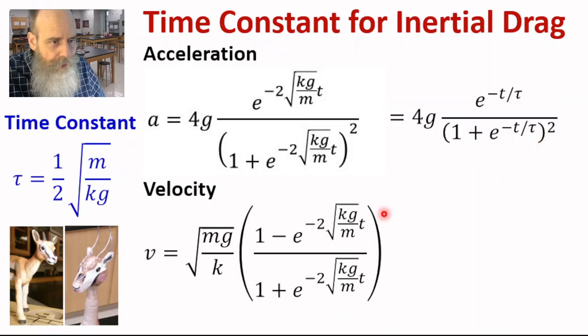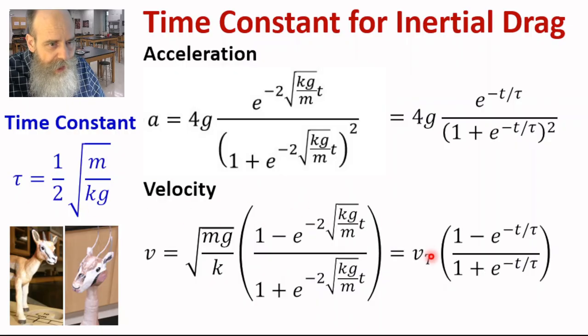This is the velocity. Now put in the time constant. This is what we get: V_t, that's terminal velocity, square root mg over k is terminal velocity, times 1 minus e to the negative t over tau, over 1 plus e to the negative t over tau.